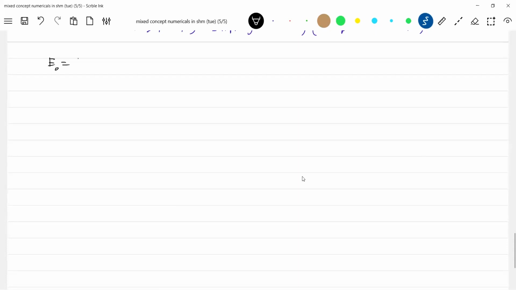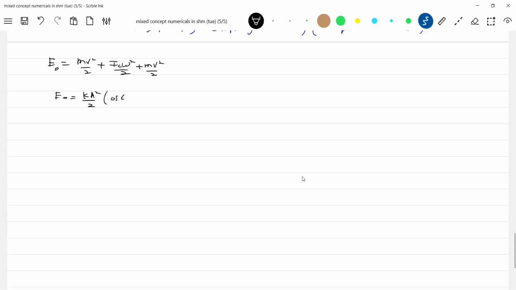So the oscillation energy is equal to mv square. What is E naught? E naught should be equal to Ka square by 2.